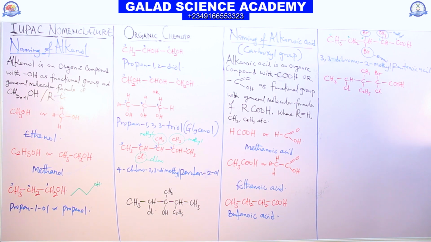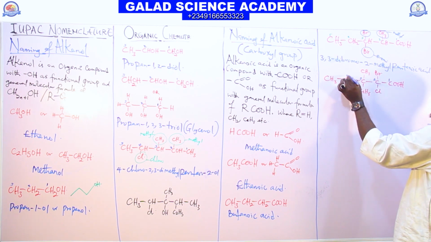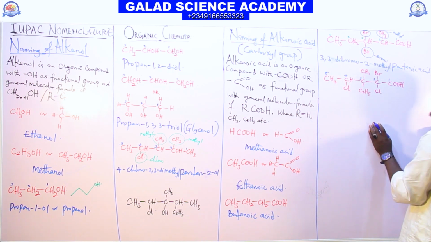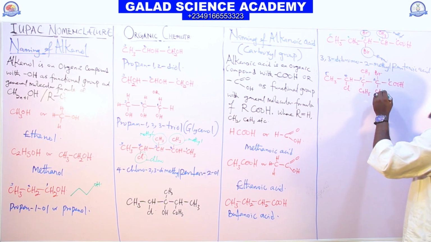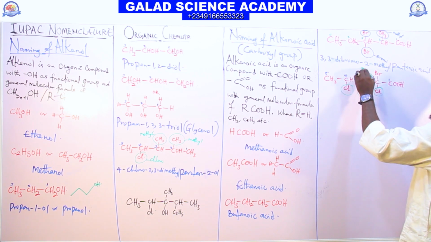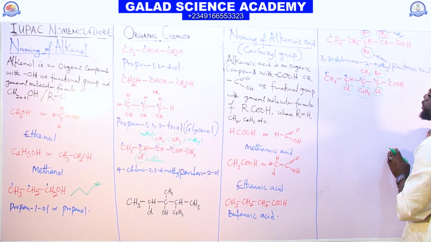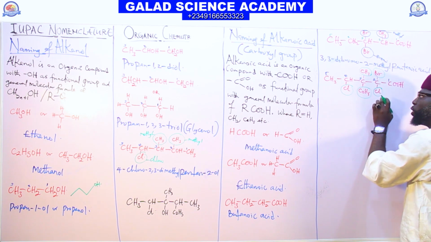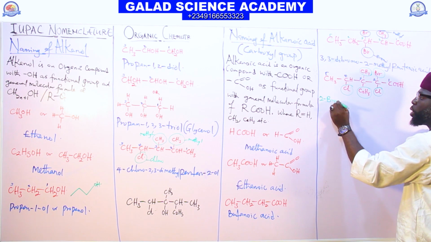So we are now asked to name it. Start your naming from 1, 2, 3, 4, 5. How many substituents do you have there? Let's check what we have: chloro, methyl, chloro, methyl, bromo. We have bromine before chlorine, so you say 2-bromo.